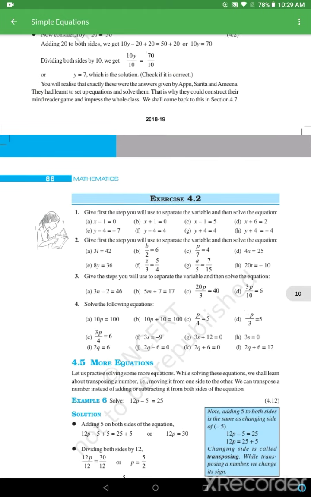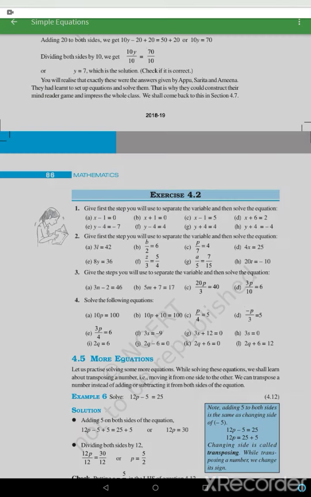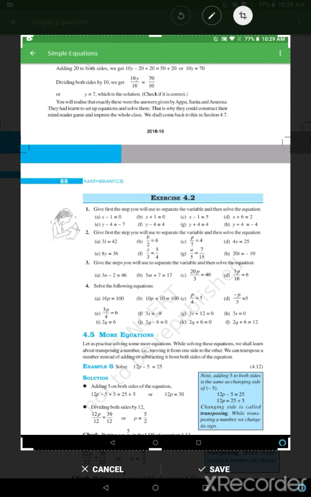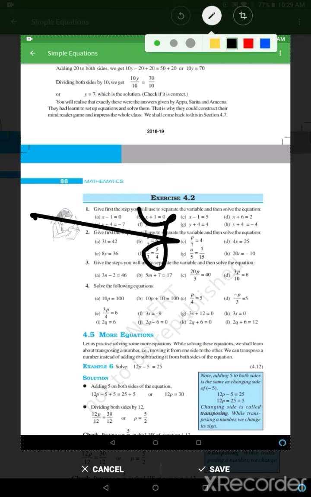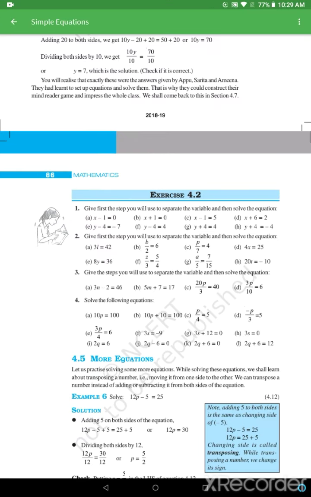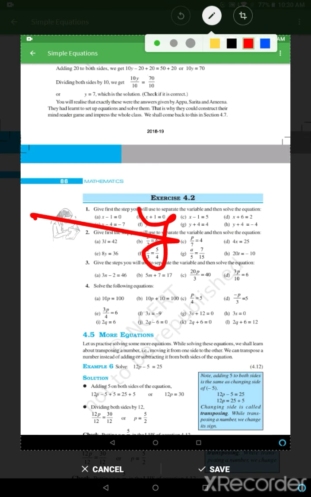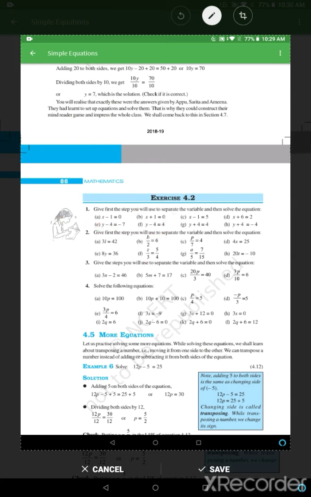So we are going to start question number 2, which is: give first the step you will use to separate the variable and then solve the equation. From question number 2, a is 3l is equal to 42.